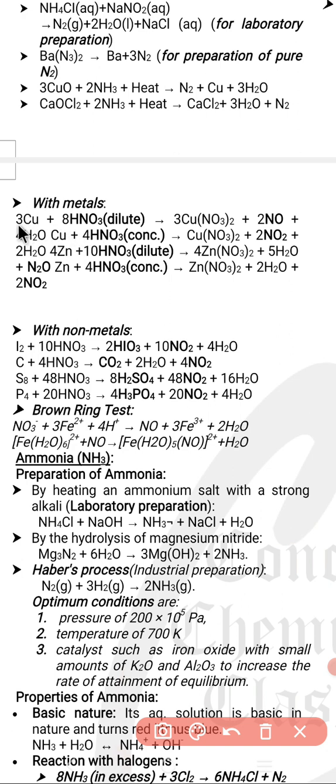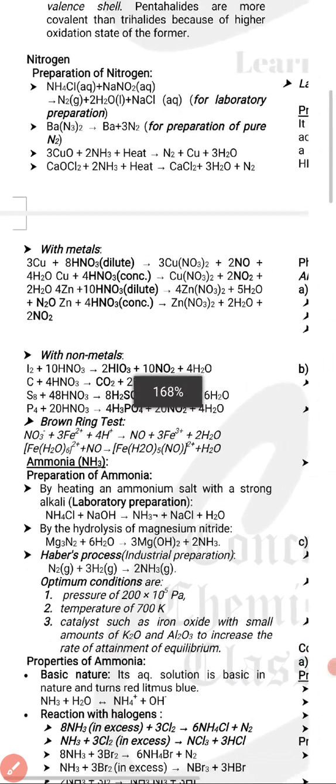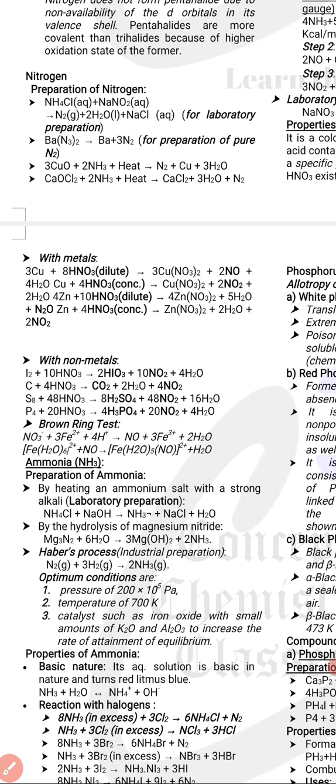These two elements are copper and zinc. So nitric acid reacts with copper differently. If we take dilute acid, then a different product is formed, and if we take concentrated HNO3, then a different product is formed. Okay, so let me explain that.